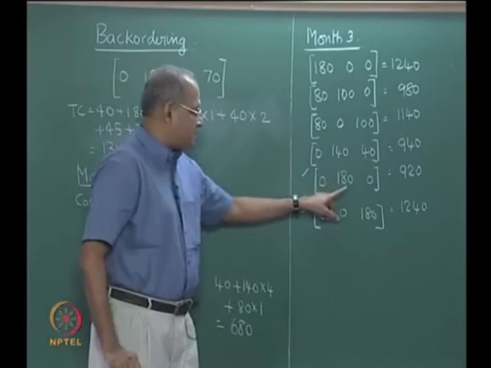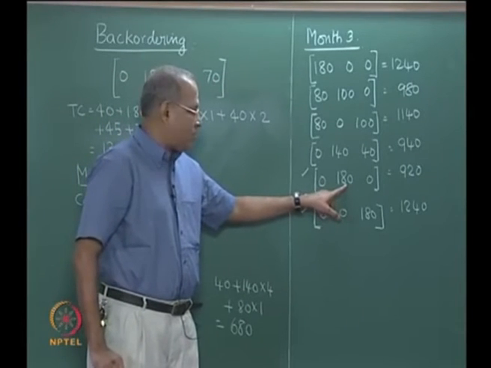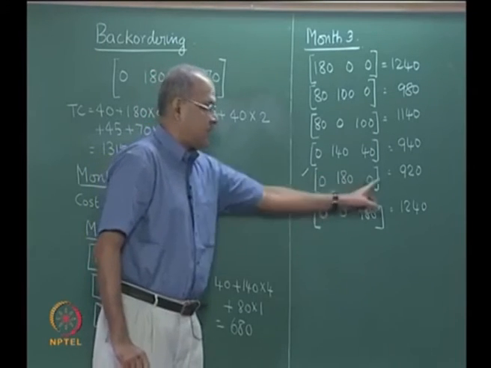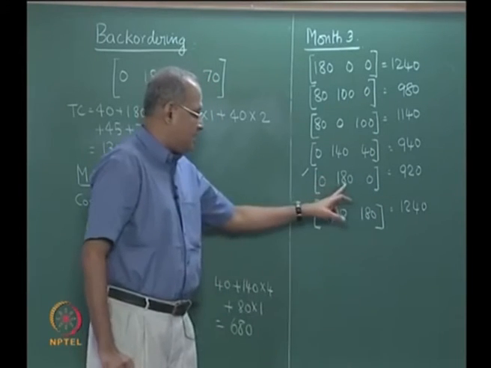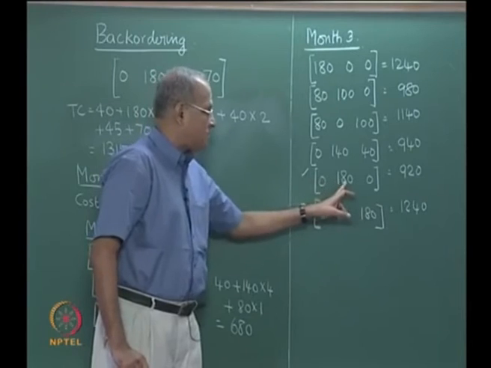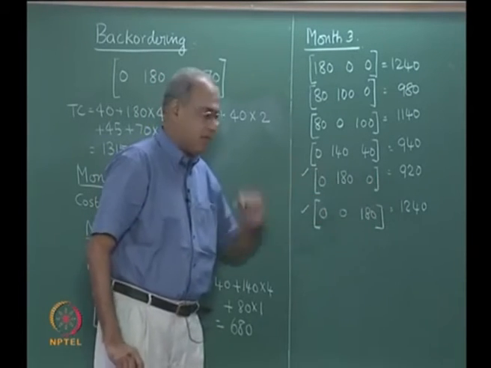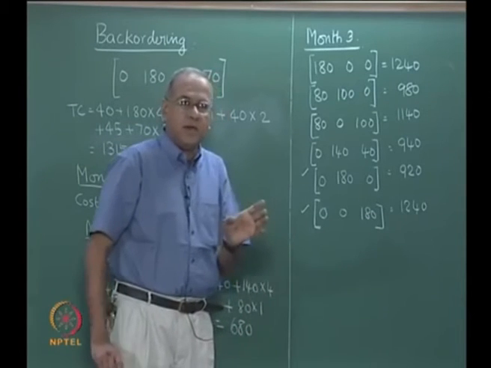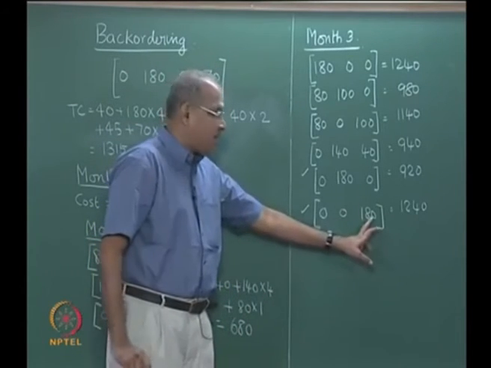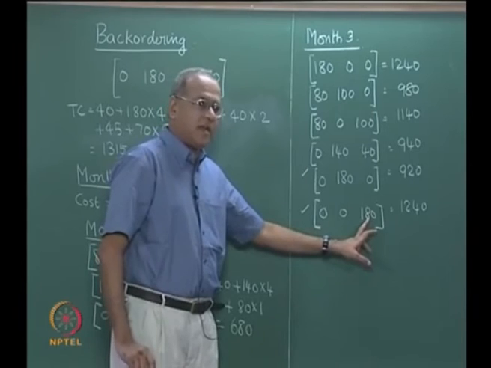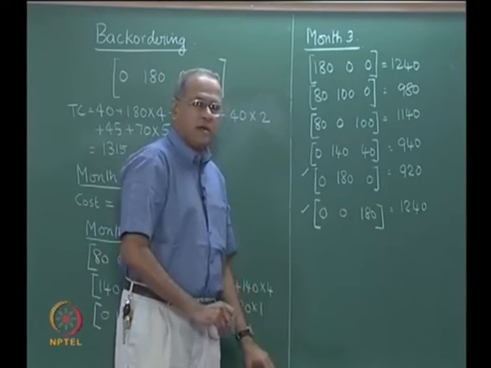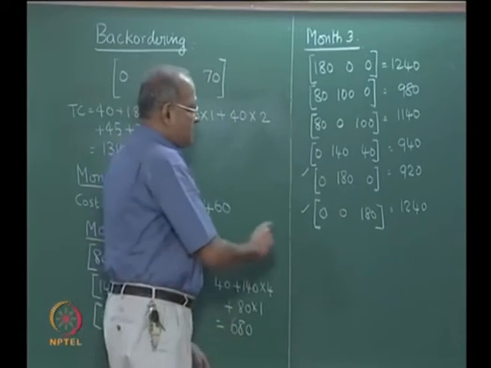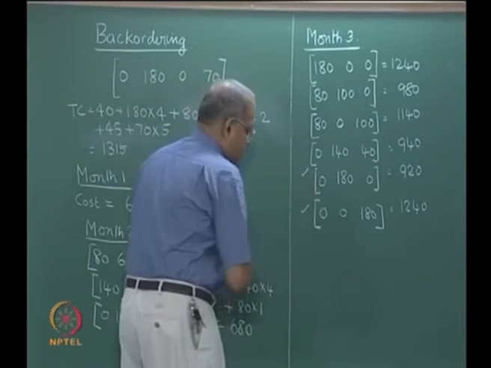Now, here is an instance where we produce 180 in the second month to meet the demands of the 3 months, which means there is a back order here as well as there is an inventory carrying here. In this scenario, we are assuming we produce the total demand of 180 in the third month. So, there is no inventory carrying, but there is back order, but back order for 2 periods. So, let us first show the computation for this.